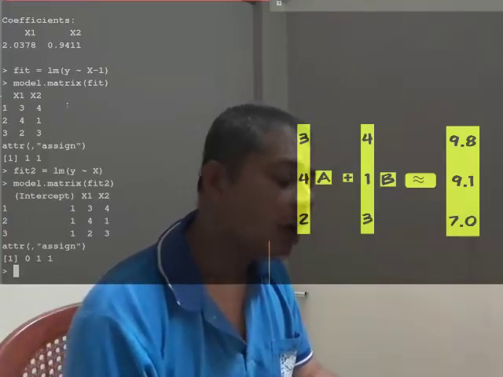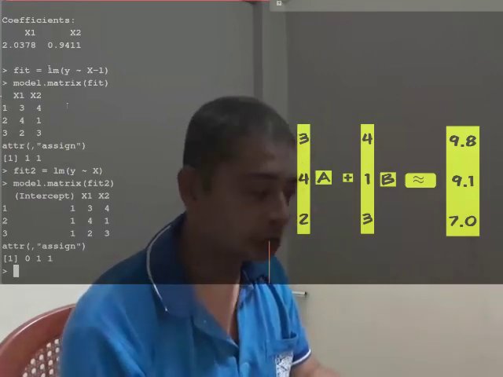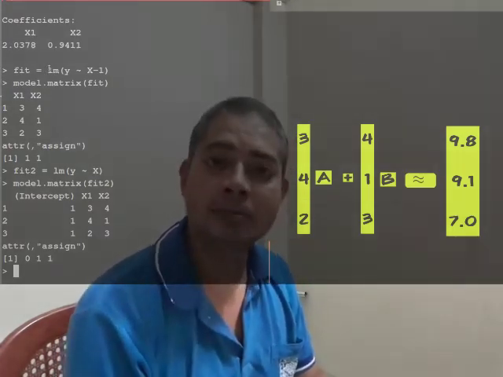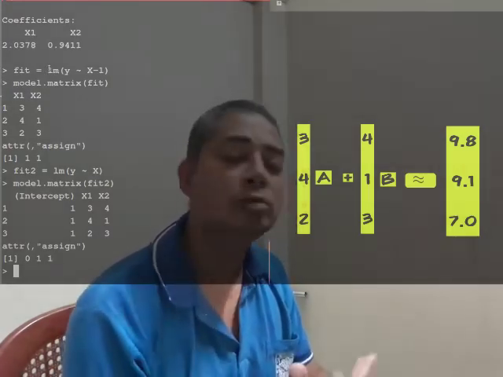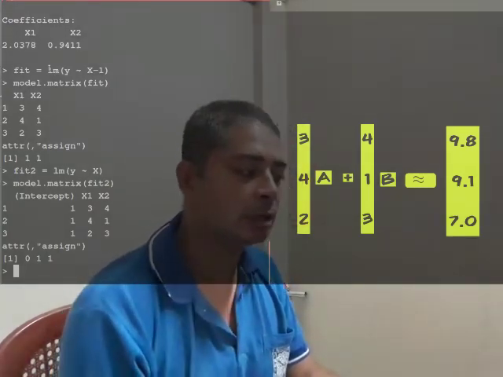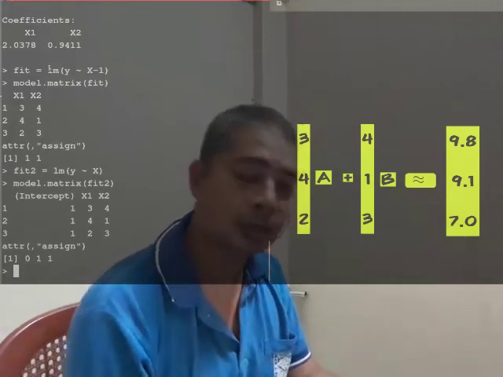Now, one reason why we use the LM function and not direct computation using that x transpose x thing is because the LM function is more numerically stable. That is something that you will not readily realize because you will get the same answer in such a simple case.